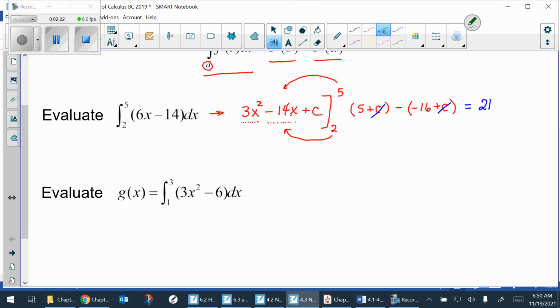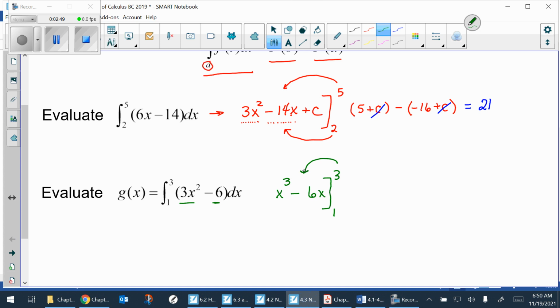This one, antiderivative of 3x squared is x cubed minus the antiderivative of 6, 6x. So I'm going to ignore the plus c, realizing that it's going to go away, realizing that I'm working with a definite integral. I'll evaluate this between 1 and 3.